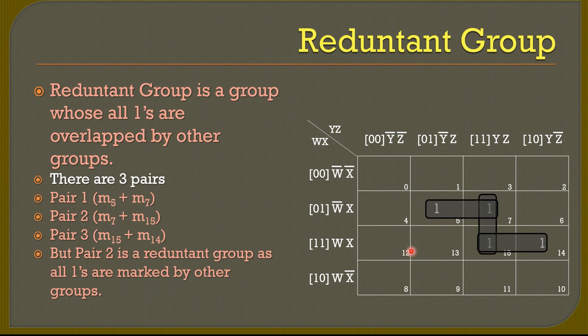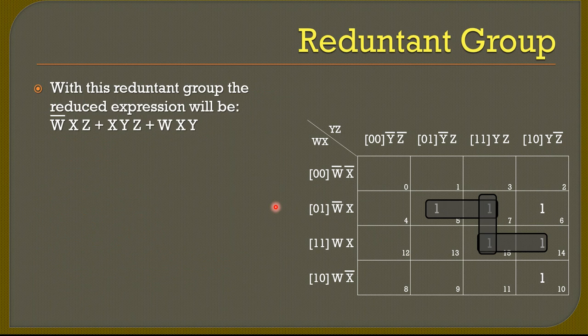Now what has to be done if you find this? First, if you reduce the expression along with the redundant group, you take the first pair, 5 and 7. Minterms 5 and 7 have been marked. For this you will have w dash x, which is constant for both.